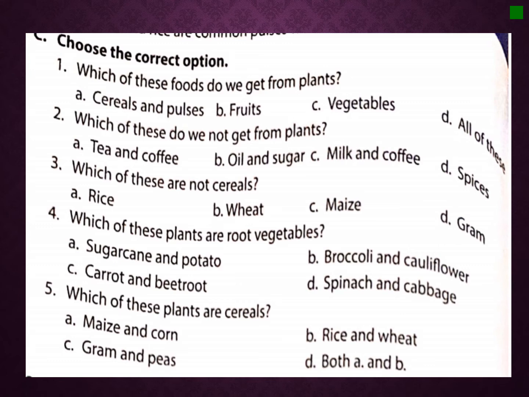Rice, wheat, maize, gram. Which of these plants are root vegetables? Sugarcane and potato, broccoli and cauliflower, carrot and beetroot, spinach and cabbage. Which of these plants are cereals? Maize and corn, rice and wheat, gram and peas, both A and B.